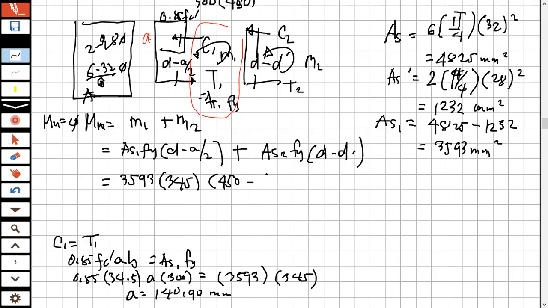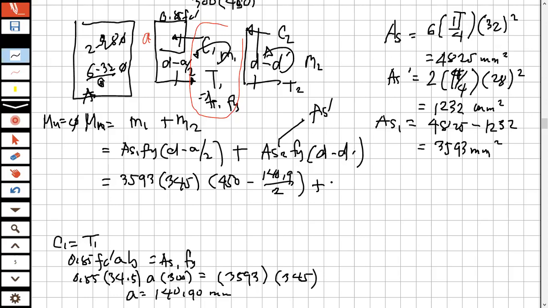Okay, so we can have here, we'll go back to this equation, 140.9 divided by 2. Okay, then you have A_s2 or A_s'. Take note, A_s2 is also equal to A_s'.